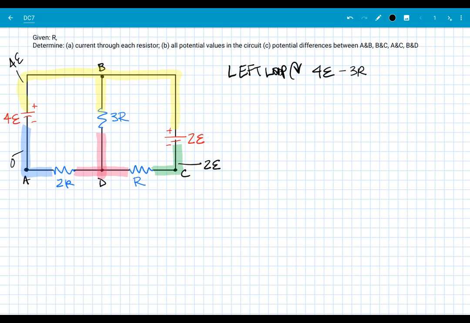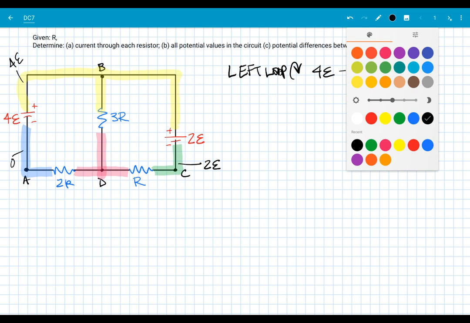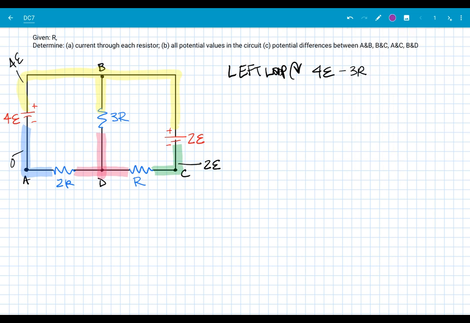This is a good explanation of why, if a student has Kirchhoff equations on an exam and they don't have their currents written in, I know they're just making stuff up, because you don't know what sign to use unless you have your currents drawn in. So we have to draw those in.